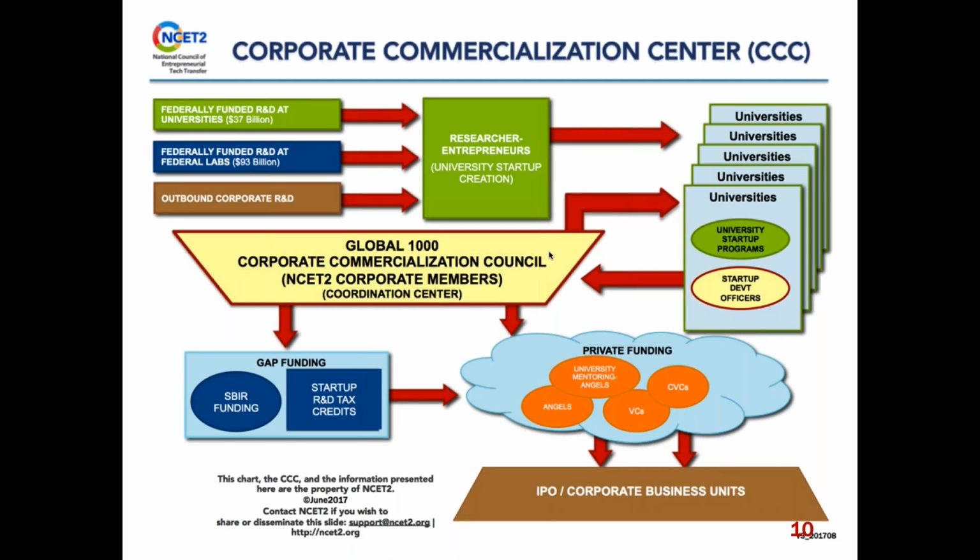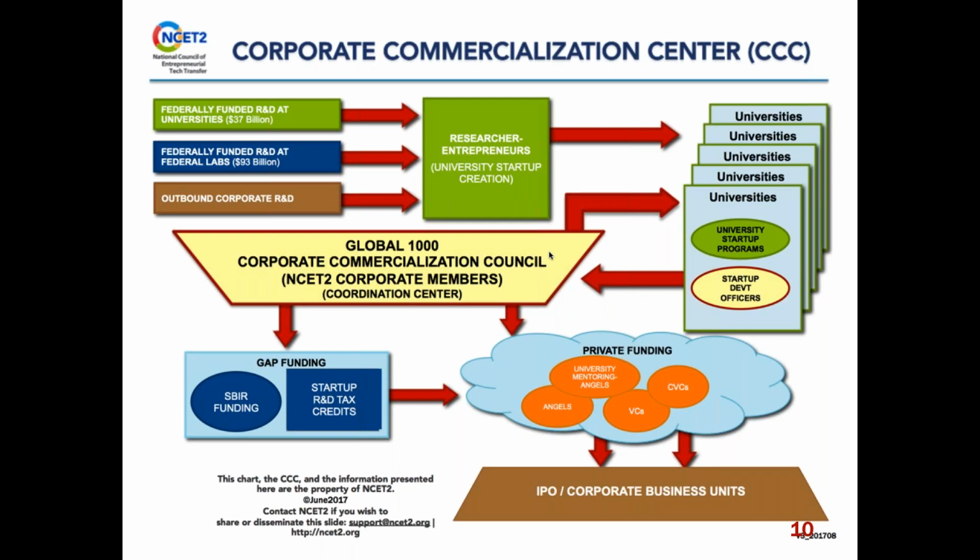So this is the model that came out of our research across the country with the different stakeholders, talking about $137 billion in R&D investment in the public sector, plus corporate R&D that's outbound. That being packaged into startups, often living in universities, where we find that startups are 6 times more likely to succeed with the university infrastructure than when they don't have access to it.